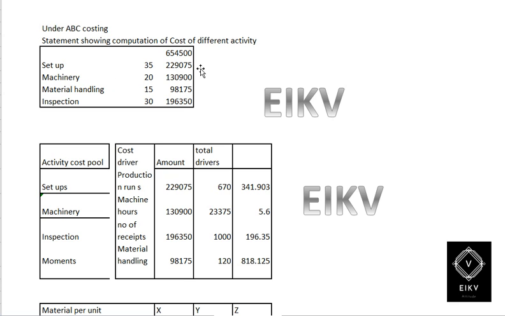Therefore the cost will be 2,29,075 for setup, 1,30,900 for machinery, 98,175 for material handling and 1,96,350 for inspection.